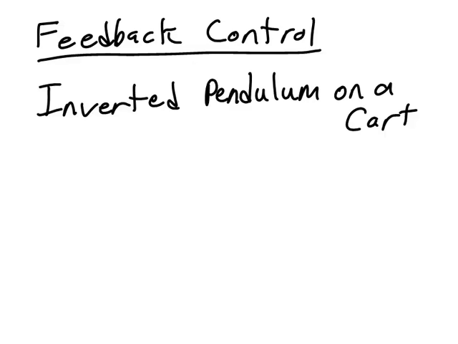In order to start off and give us an example that we can follow, I'm going to introduce a device called an inverted pendulum on a cart. Here's the setup. We have a rod that is pinned so that this rod can rotate on its pin.